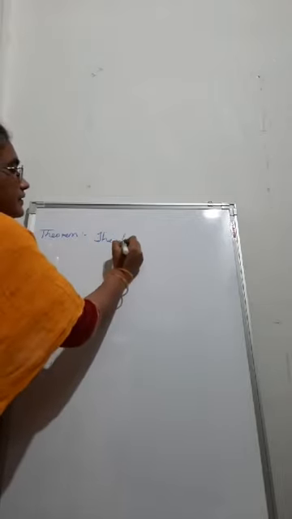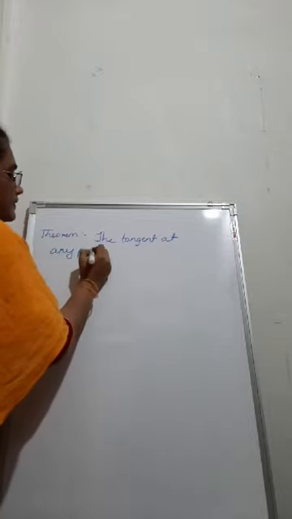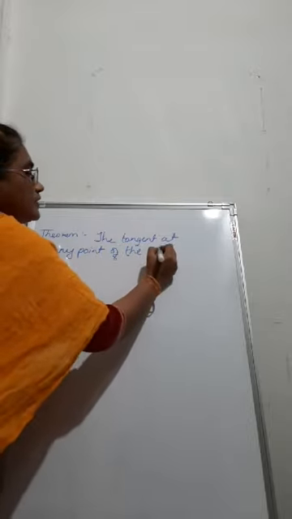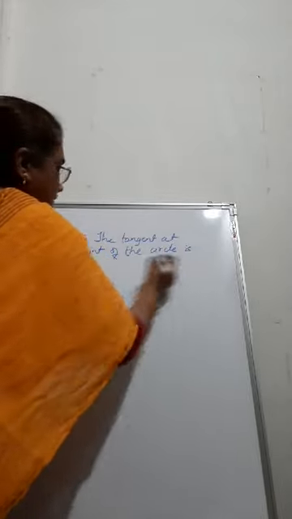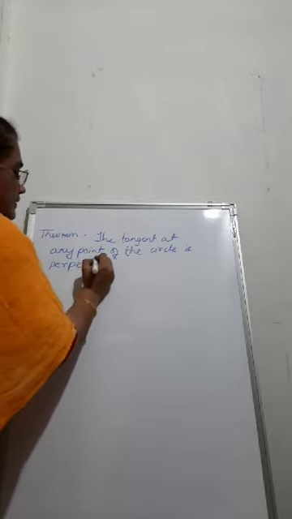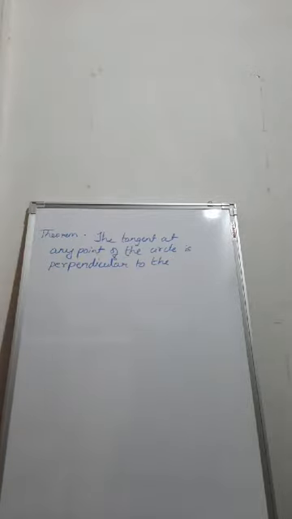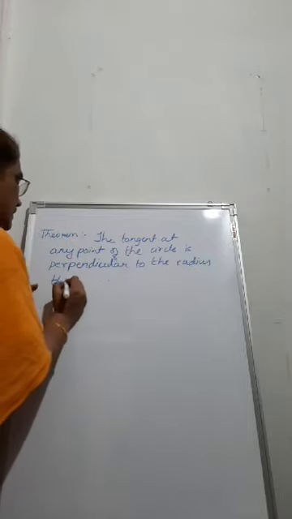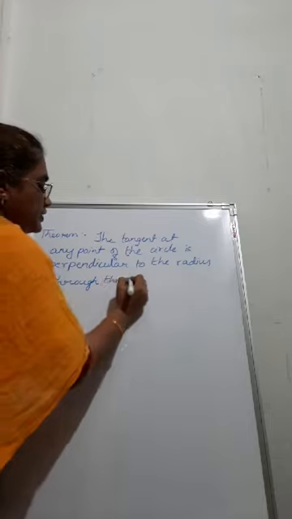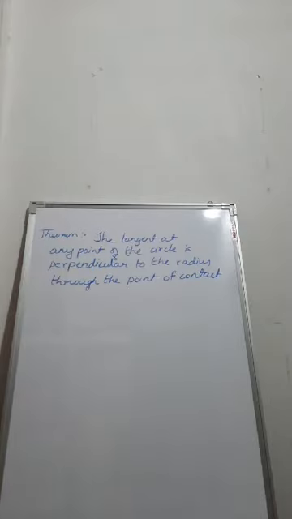The statement says that the tangent at any point of the circle is perpendicular to the radius through the point of contact. This is the statement of the theorem.